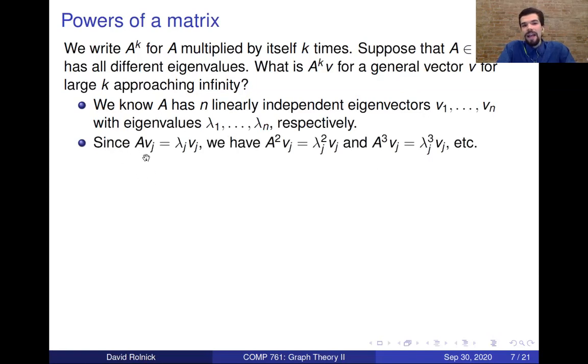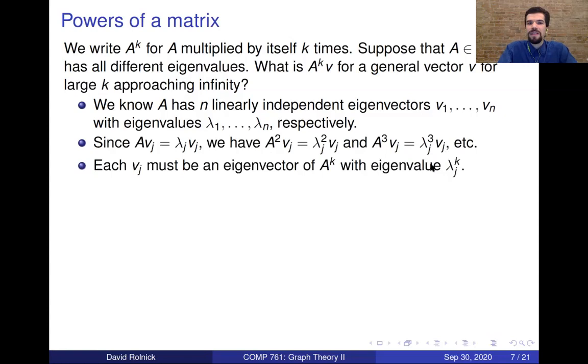So A times any one of these eigenvectors is going to be a multiple of that eigenvector just because it's an eigenvector, by definition. So A squared is also going to be a multiple of that eigenvector. If we just square the eigenvalue, we get the corresponding constant. A cubed is also going to have this property.